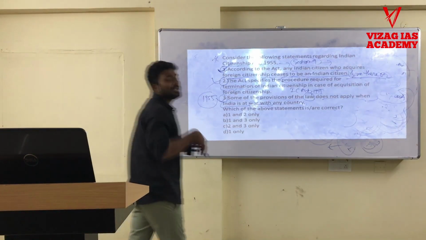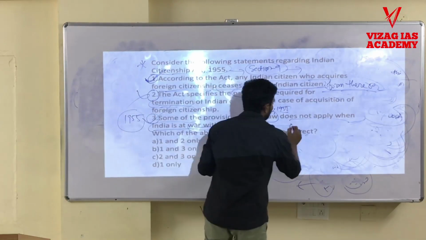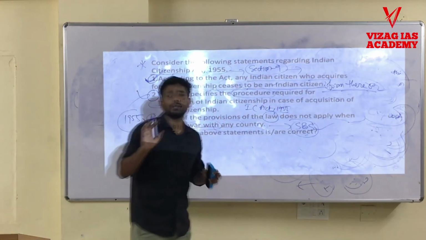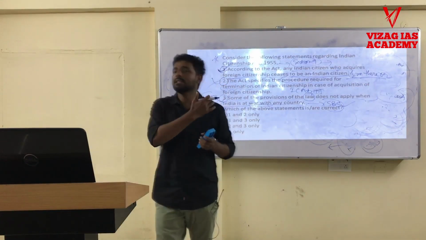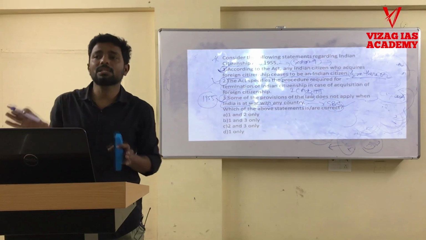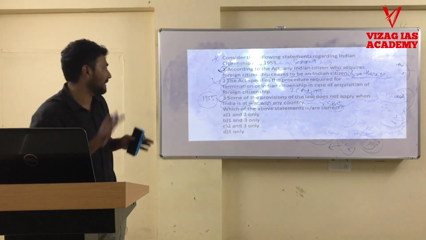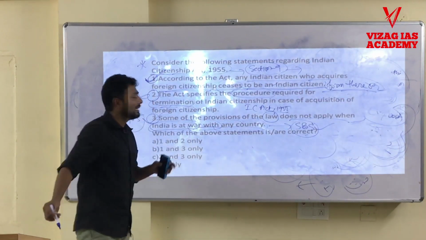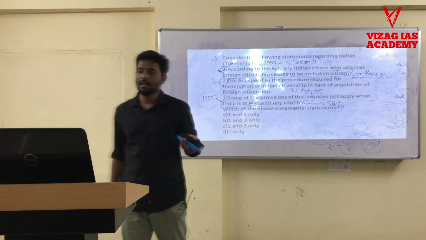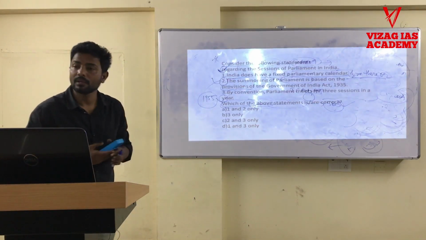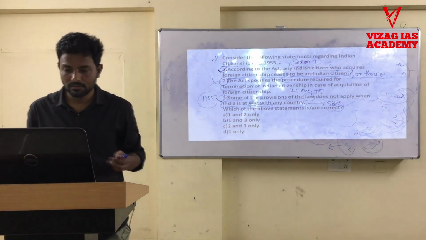It is in the larger interest of the country's sovereignty and security. At that time, some provisions of the Indian Citizenship Act cease to exist for a certain period. As long as the country is at war, certain provisions will be suspended, in the interest of the security of the country.